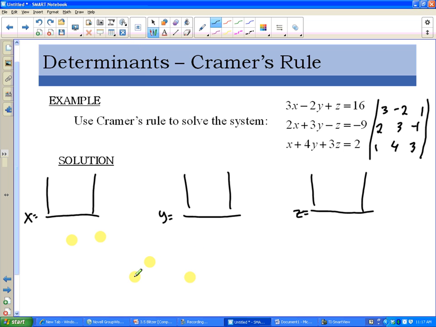How in the world did that just end up being a highlighter? Oh well. So 58 goes on the bottom of each of these fractions. Now I just need to figure out the top part. My x's go in the first column in all of them but x. So 3, 2, 1, 3, 2, 1. My y's go in all of them but when I'm solving for y.